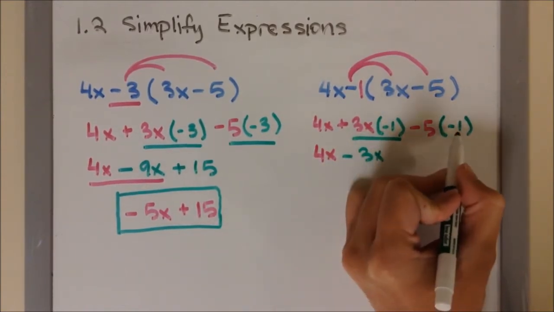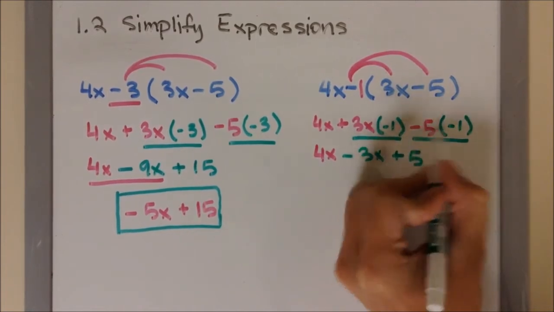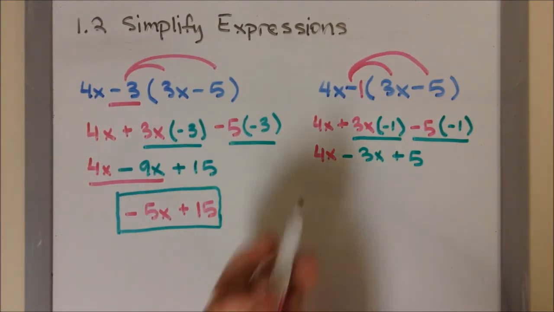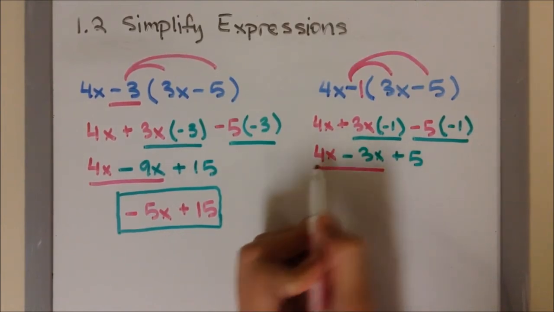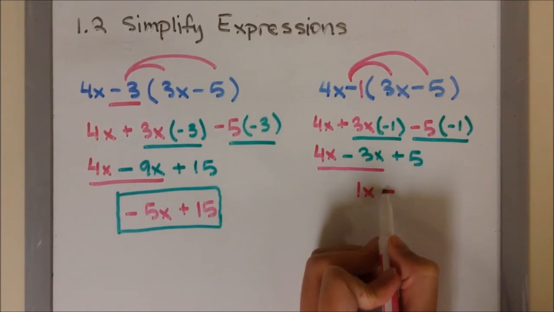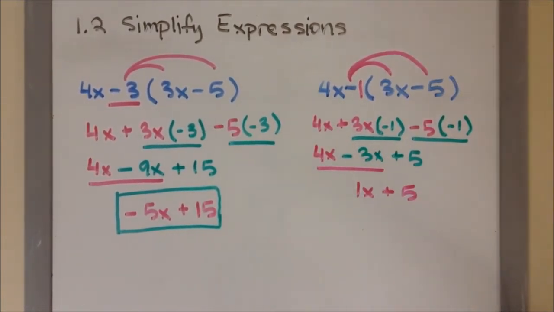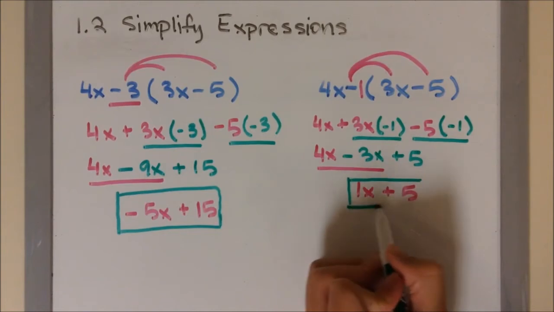Minus 5 times negative 1 becomes positive 5 because negative times negative. Now, once I finish multiplying, I'm going to combine like terms. 4x minus 3x, simply 4 minus 3, that would be 1x, and then bring down the plus 5. Here, different terms cannot combine, so I can leave it like that and box my final answer.